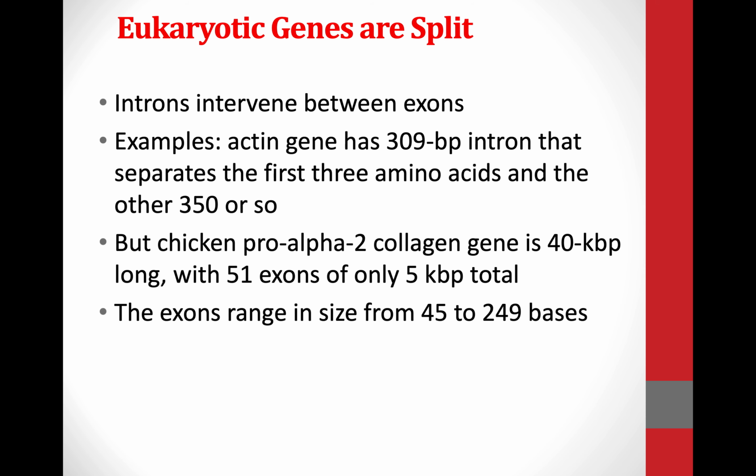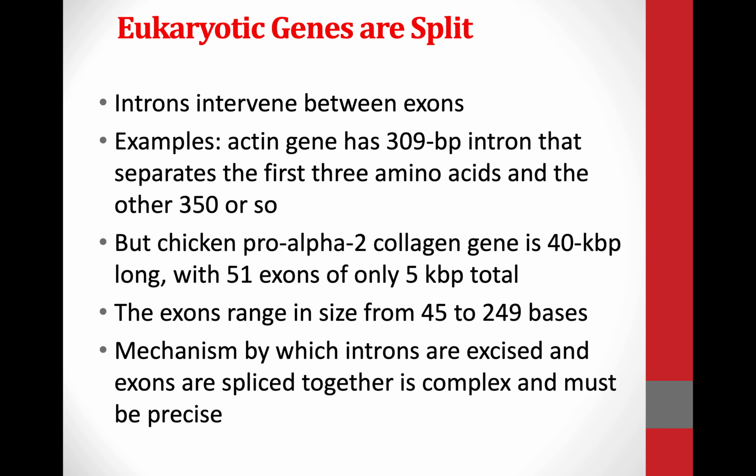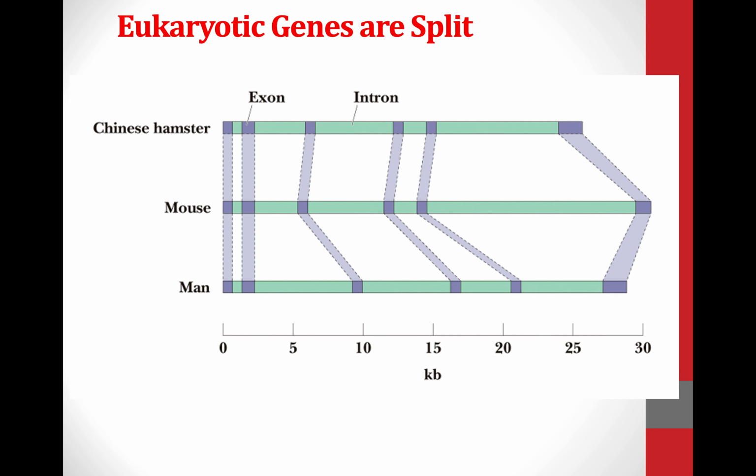The exons vary in size from 45 to 249 bases and could be more than that. The mechanism by which the introns are excised and exons are spliced together is complex and of course must be precise to ensure that the gene could be expressed later on and could work.